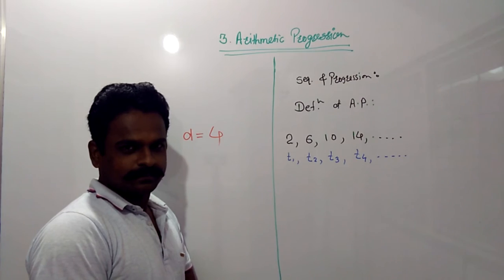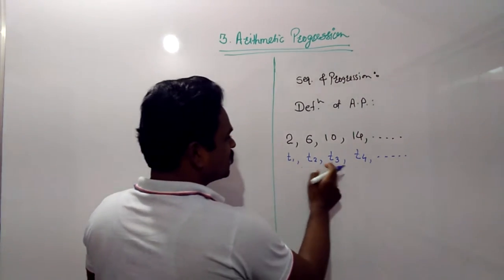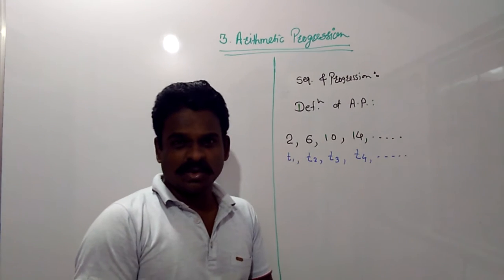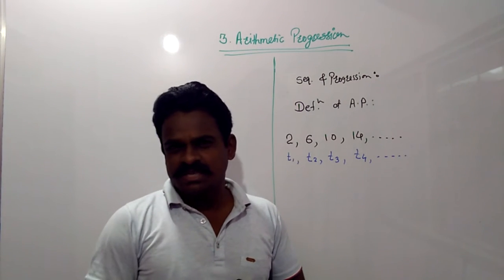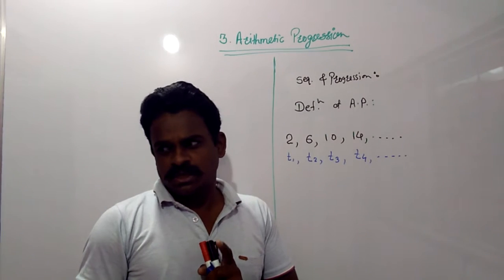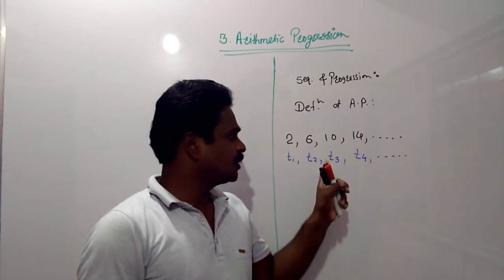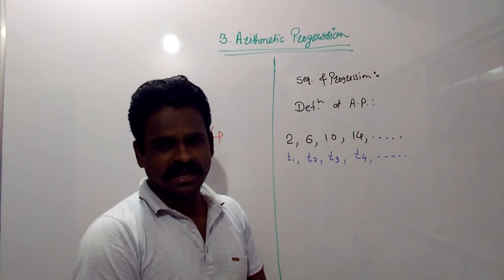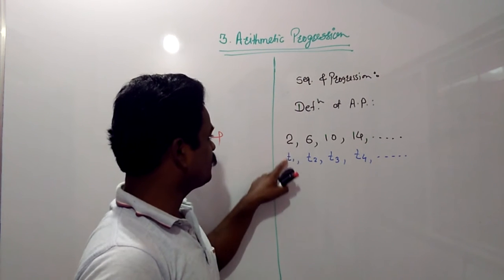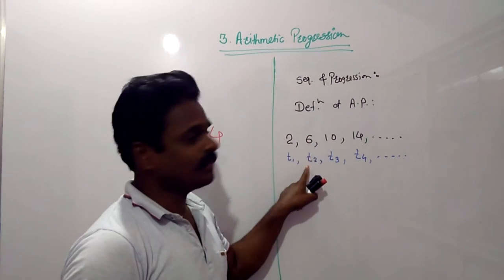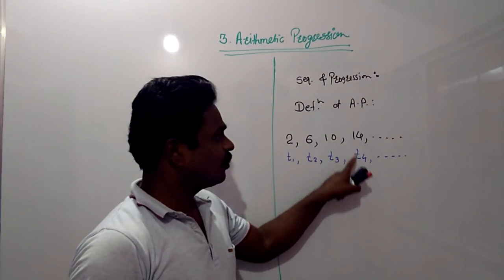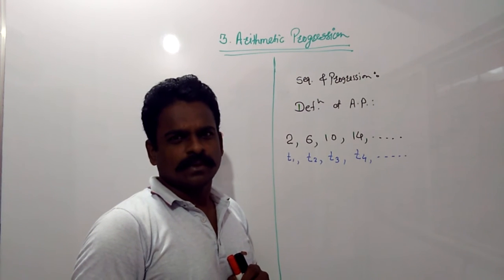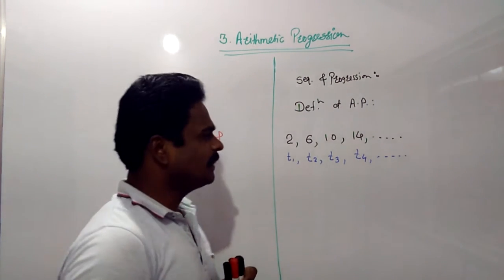These are the terms of an arithmetic progression. Terms are the numbers which constitute the arithmetic progression. So this is the first number, the second number, the third number, fourth number, fifth number and so on.